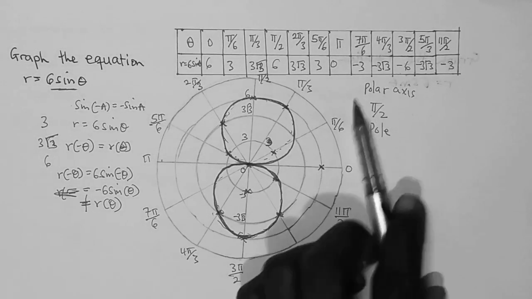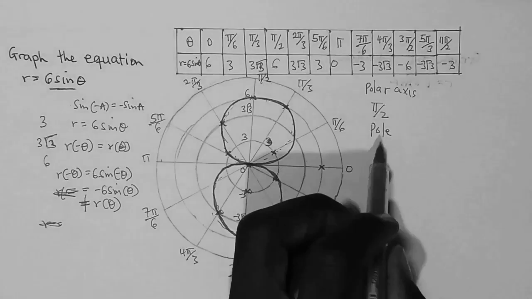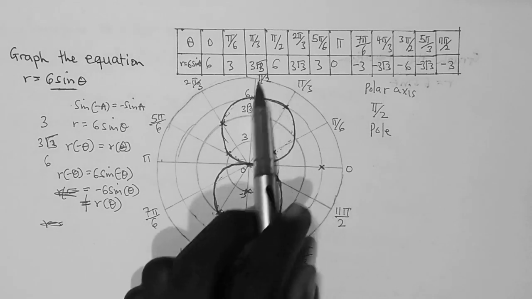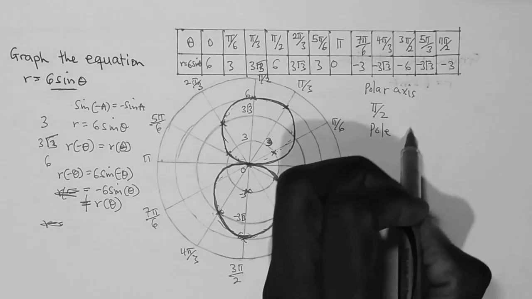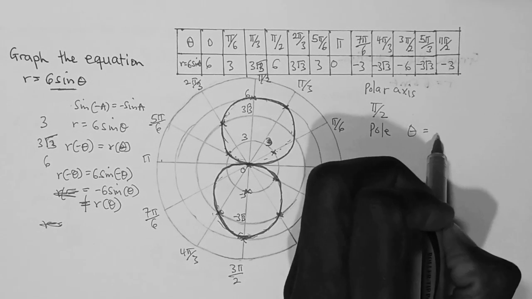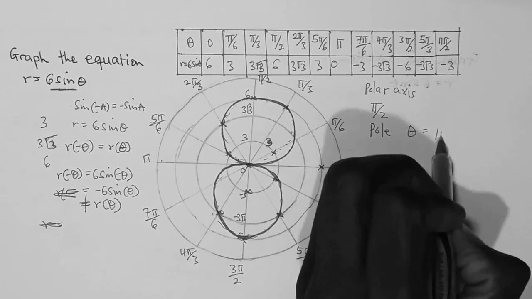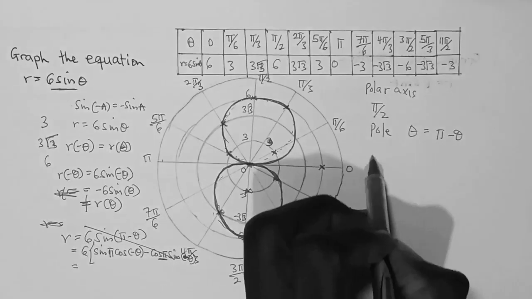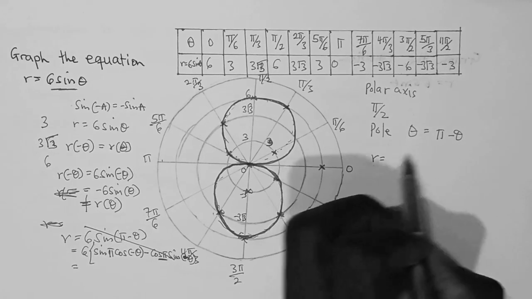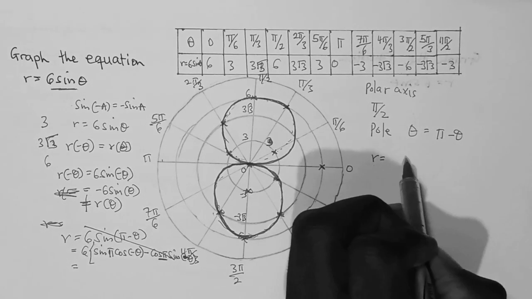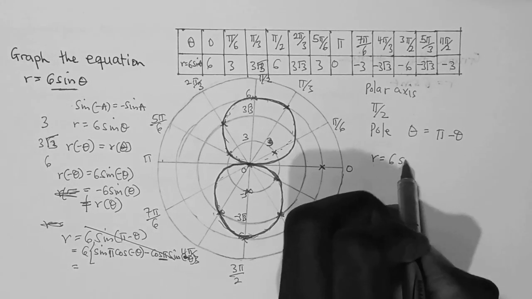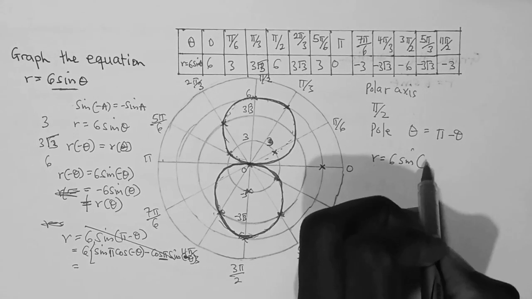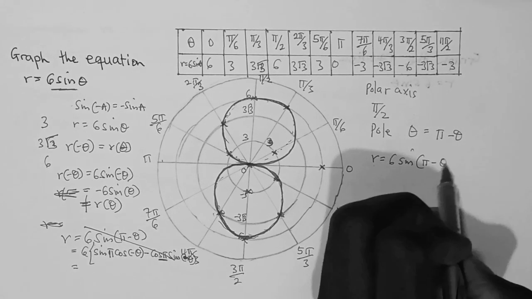Let's try for the line pi over 2. To test whether it is symmetrical about the line pi over 2, we need to replace theta by pi minus theta. So r is equal to 6 sine of (pi minus theta).